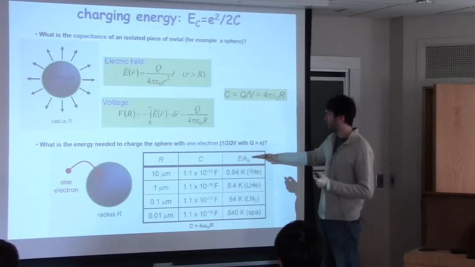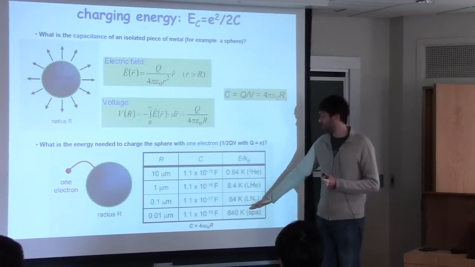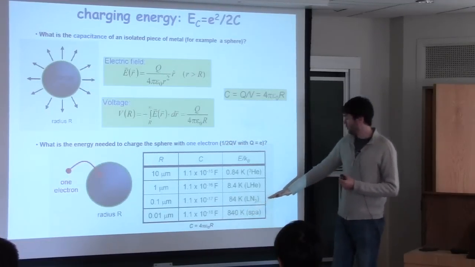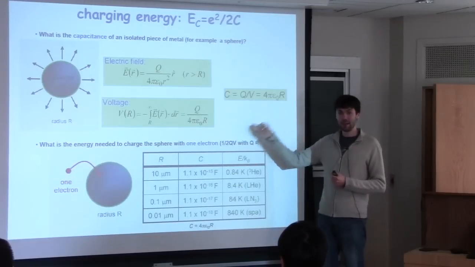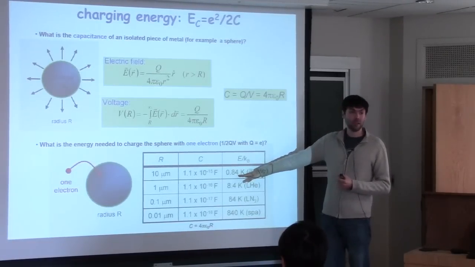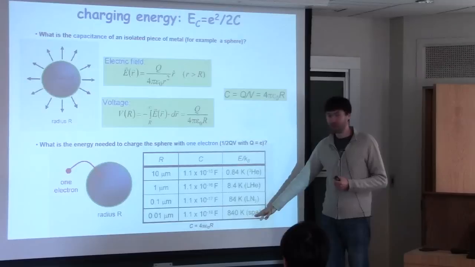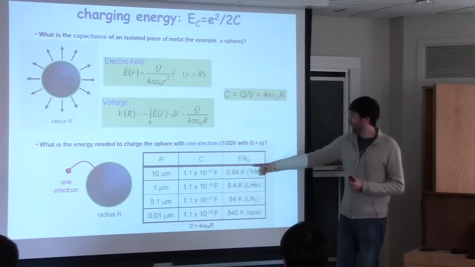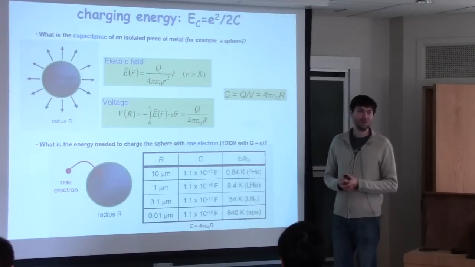So going from 10 microns to 10 nanometers, you see that the capacitive energy, the energy to add one electron to the island, goes from the sub-degree Kelvin scale to a very hot scale. These indicate the method you need to reach this temperature.